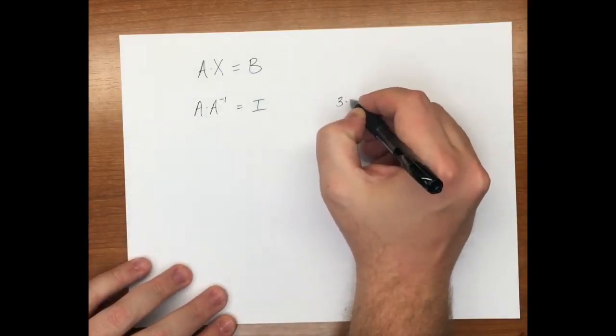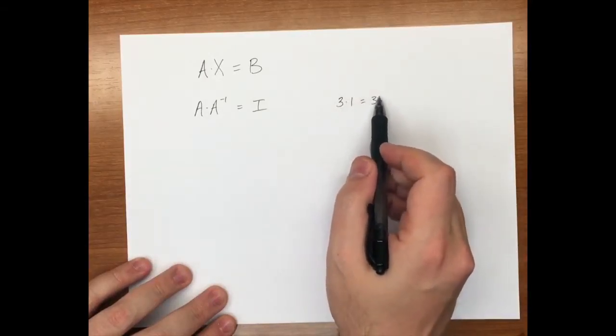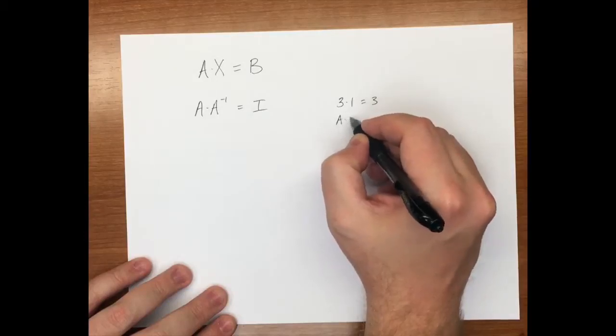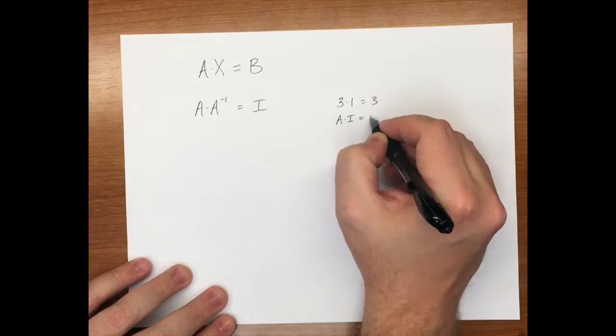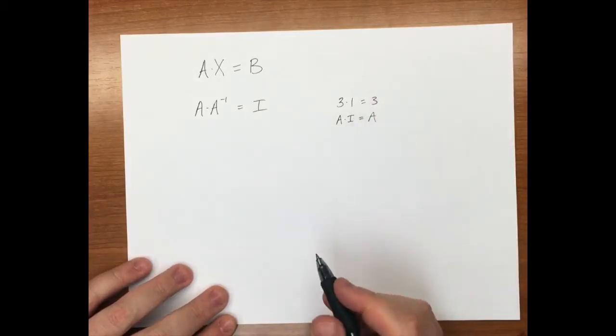So just like how 3 times 1 is 3, whatever number you have times 1 is going to be that number that you started with. When you're talking about matrices, any matrix A times the identity is going to just be A, because we're treating the identity like the number 1.